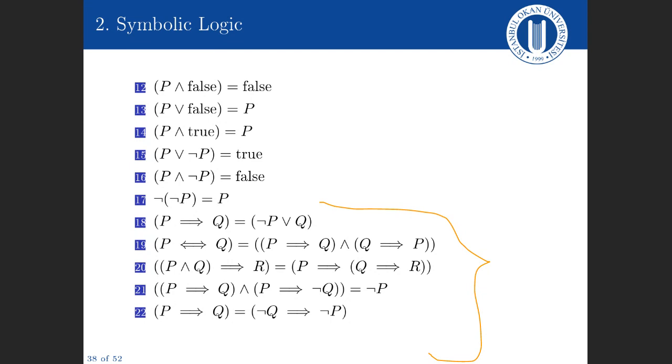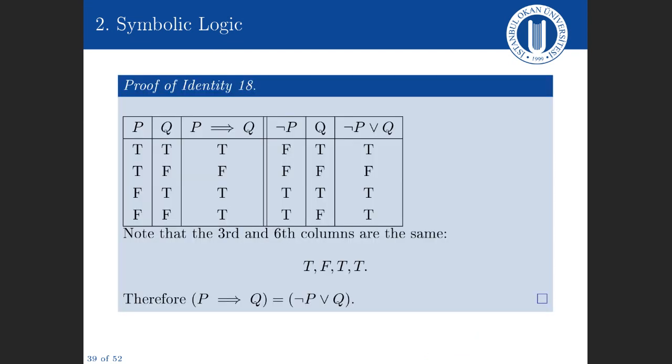These are perhaps not obvious, but we can prove these using truth tables. For example, let's suppose I want to prove that identity 18 is true.